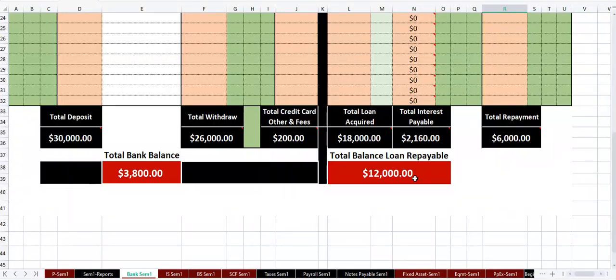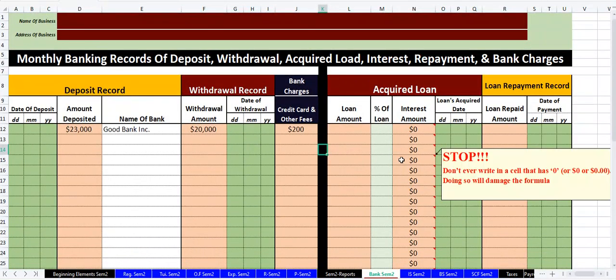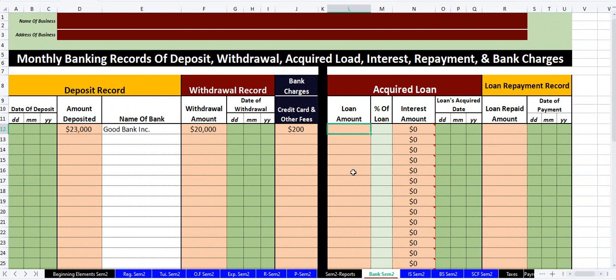So we begin this period with that amount. So we come back here and say this is our banking record. How much was that? 12,000. So 12,000 remains until we enter into this period.